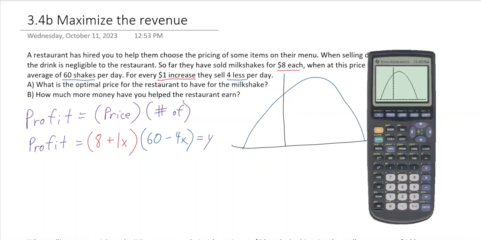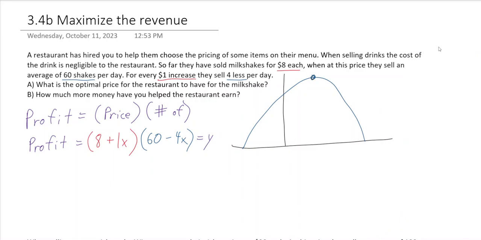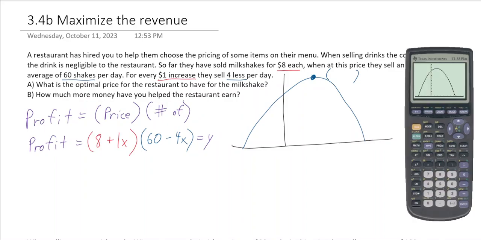Okay, it looks something like this, right? And the vertex up here is going to give us some sort of x and y value. So let's figure out what that gives us. Second function, calc, and now we're going to find the maximum. Left bound, so we go to the left of the vertex, press enter.